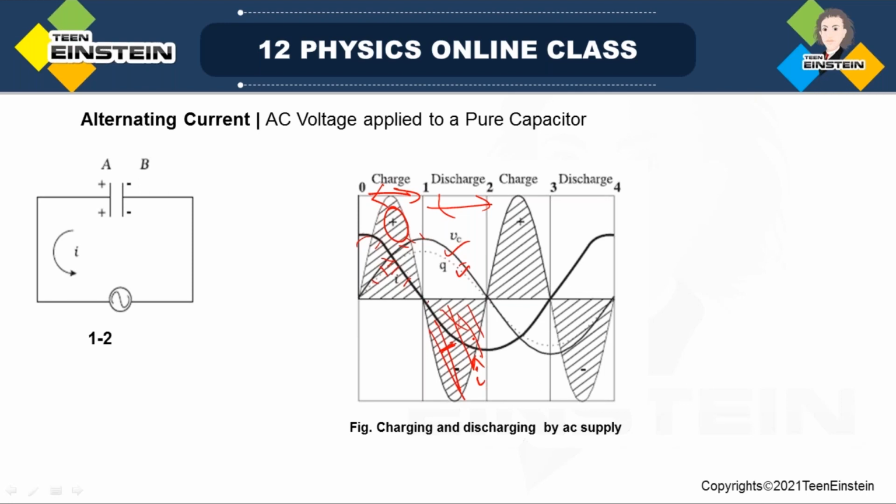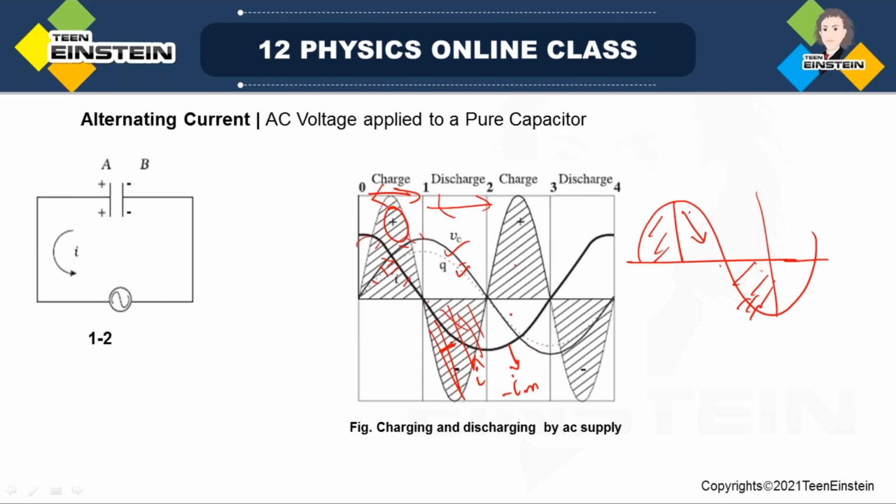So in one quarter of the cycle, as I was saying, it is getting charged. In another quarter, it is getting discharged, and it is reversing its polarity. It will be charging in the negative direction again. In this third quarter, the current and voltage have a sinusoidal variation, so both will be negative. The current is negative, and the charges are also going to be negative.